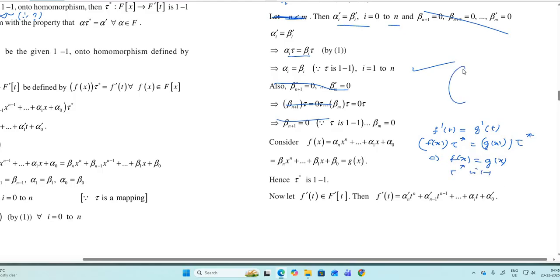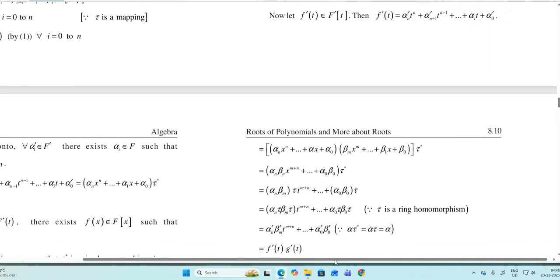So for well definedness, when you go from f of x to f dash of t under tau star, if you consider two elements here equal, it implies the corresponding images equal. So this one is for well definedness. If you come from there to here, it is for one to one. So we have established one to one.